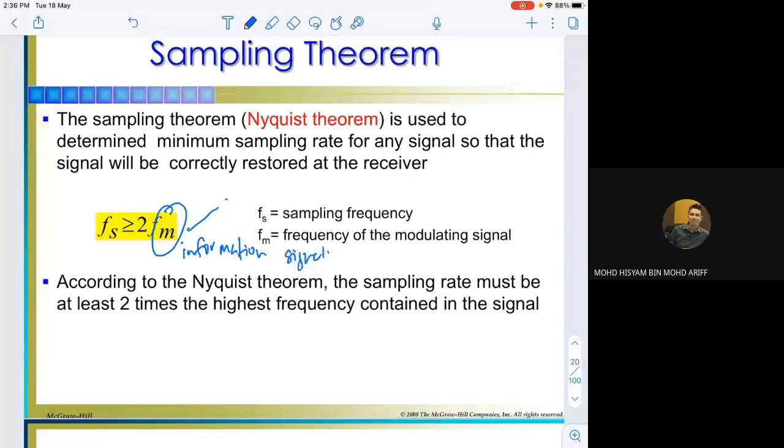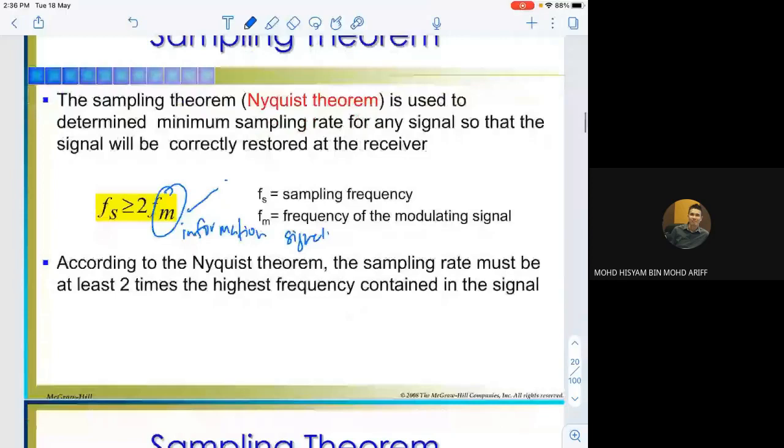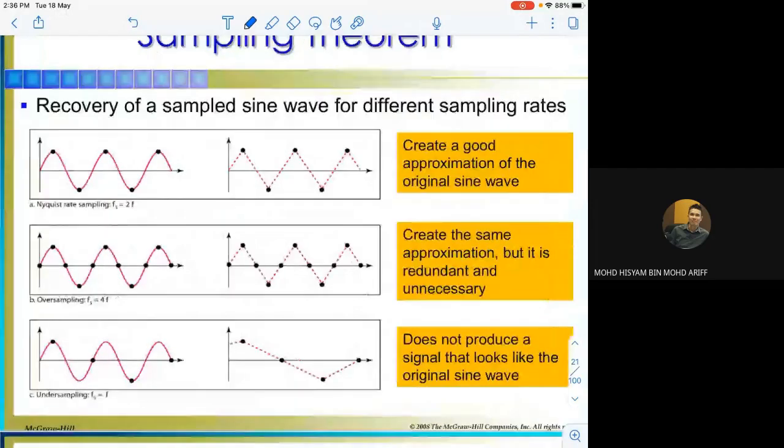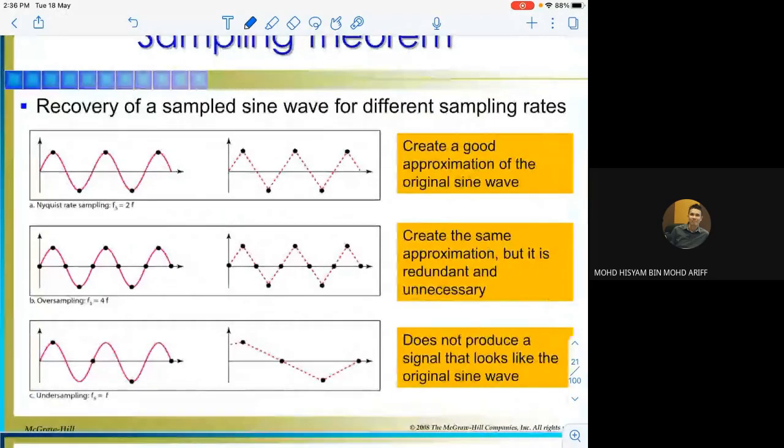Fs equals 2Fm means the Nyquist sampling rate. Fs greater than 2Fm is oversampling. Fs equal to Fm is undersampling. But normally the best thing is that we use the Nyquist sampling rate.